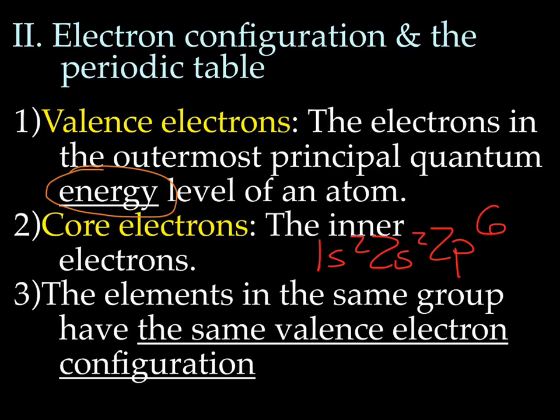The valence electrons are the electrons in the outermost principal quantum energy level. Remember, energy levels are represented by numbers. So those are the valence electrons, and those are the core electrons.